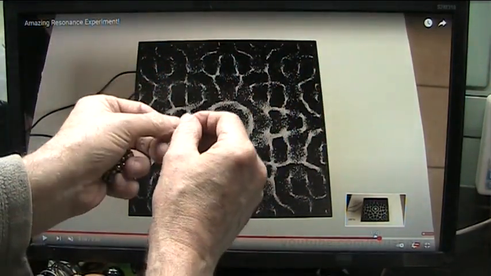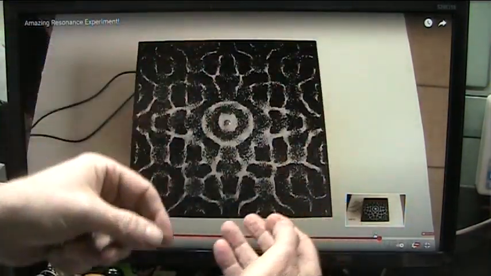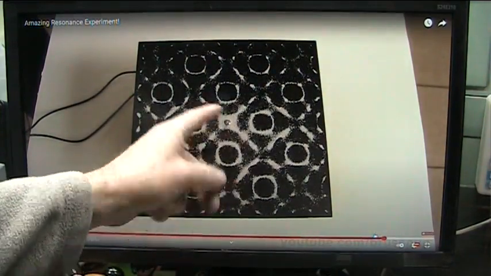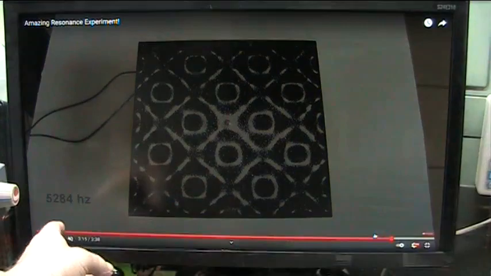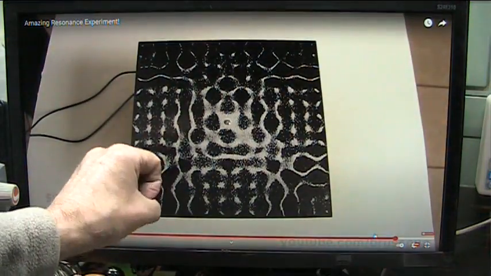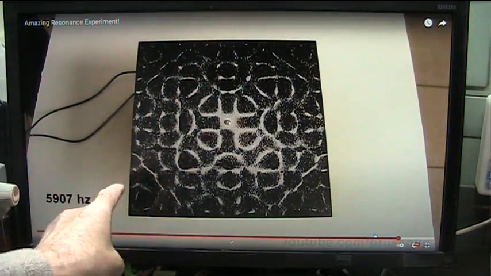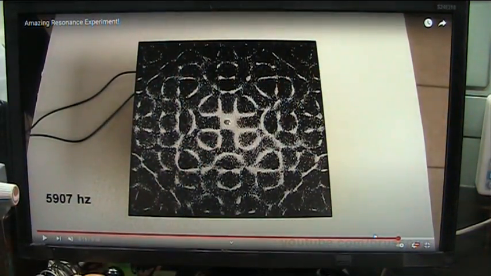But then you increase the frequency, and then all of a sudden it just falls apart. Watch. There it is, nice. Look at the patterns, absolutely amazing. But as soon as they change the frequency, it gets all buzzy again. See? They're changing it and locking it in quickly. But in between, it's just 100% buzz.